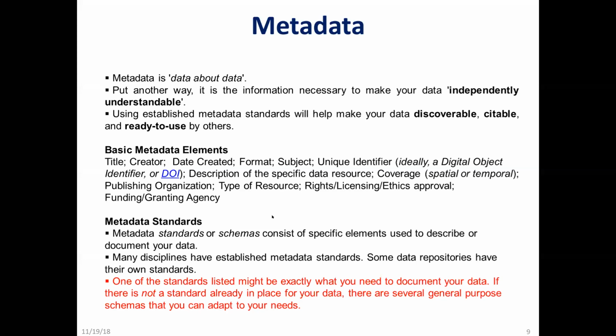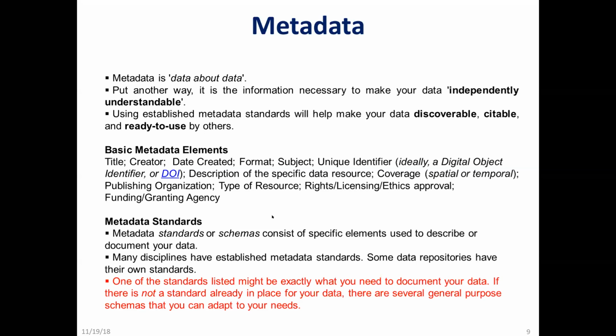Even when you are doing FAIR for your data, you need to have a unique identifier. And then the description of a specific data resource and coverage, the publishing organization, if you already published or intend to publish, and the type of resource, rights, license, physical approval from your local institution or your local Ministry of Health, and the funding agency who funded you. So people need to know that also.